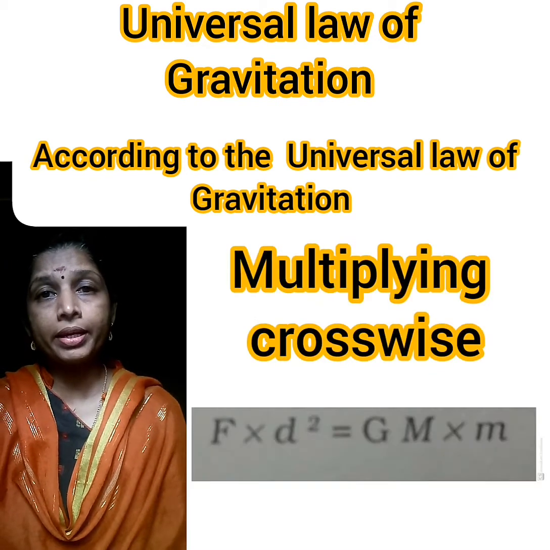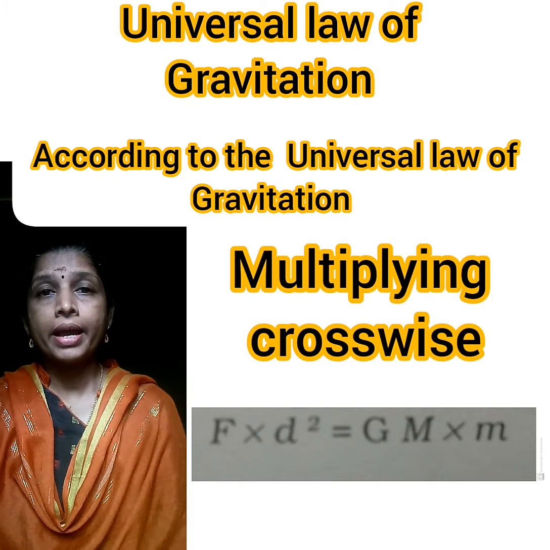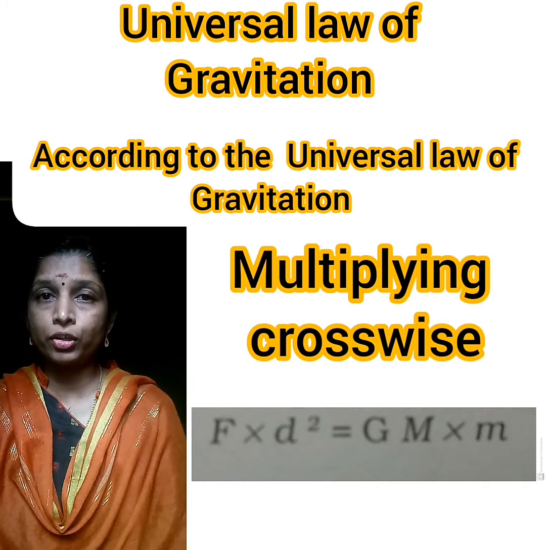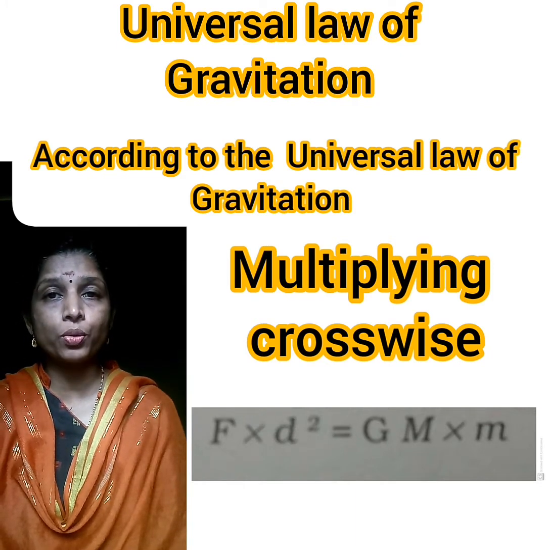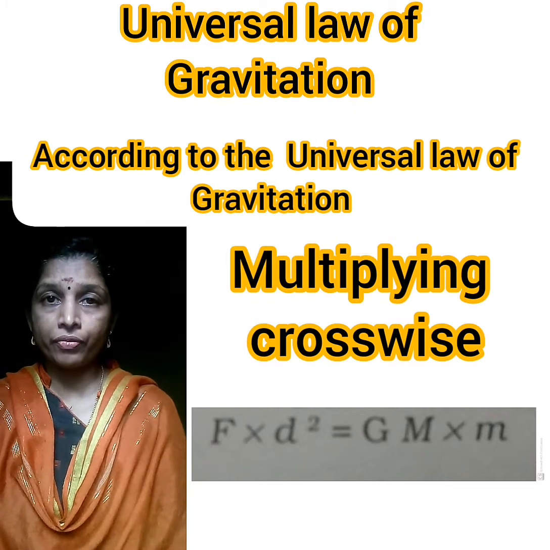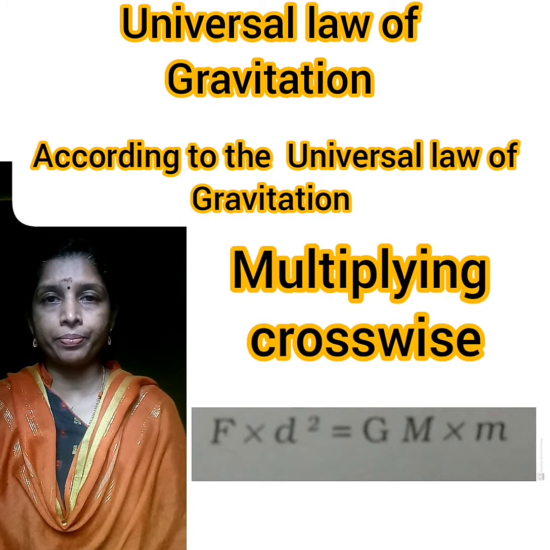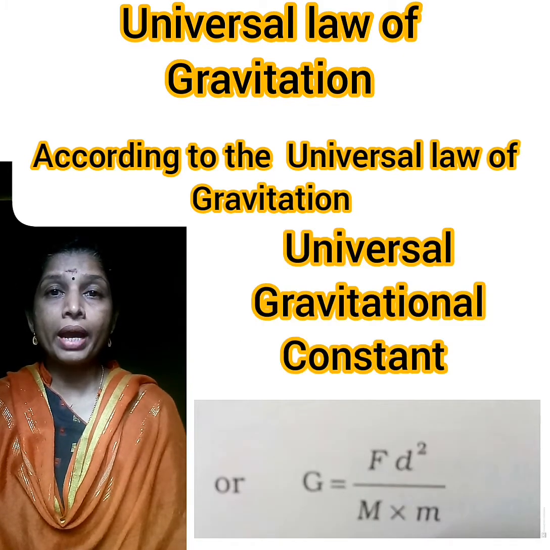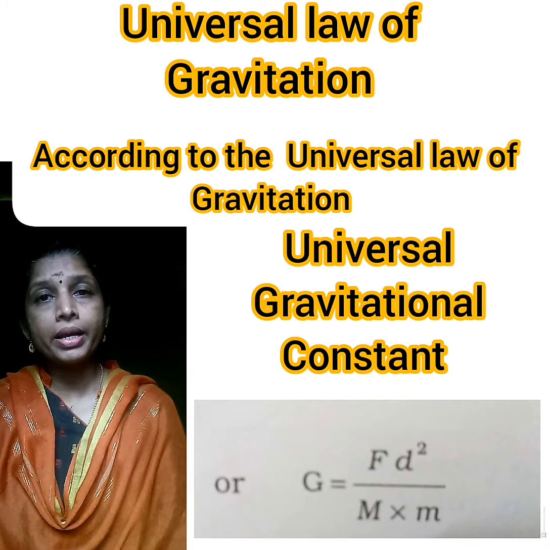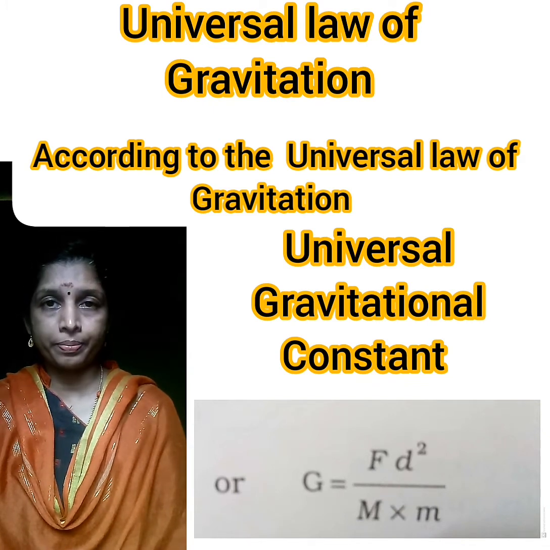By multiplying crosswise we get F into d square equals G capital M small m. So capital G is equal to F d square by capital M small m.